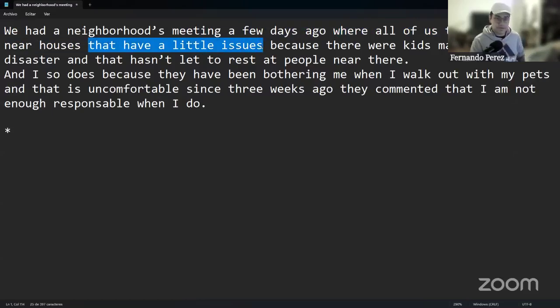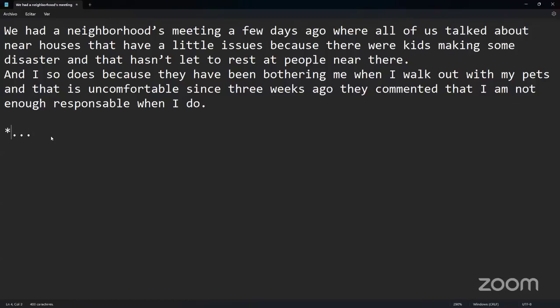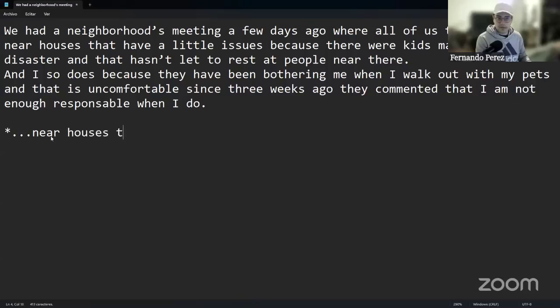There are two problems here. Near houses that have had some or a few issues.